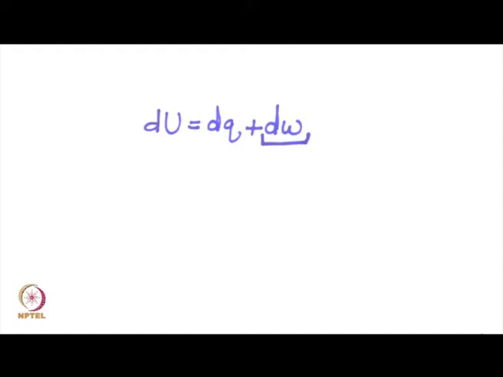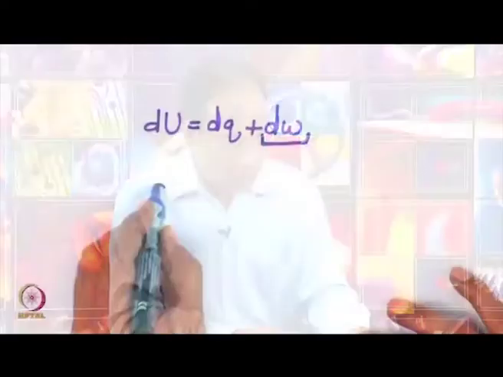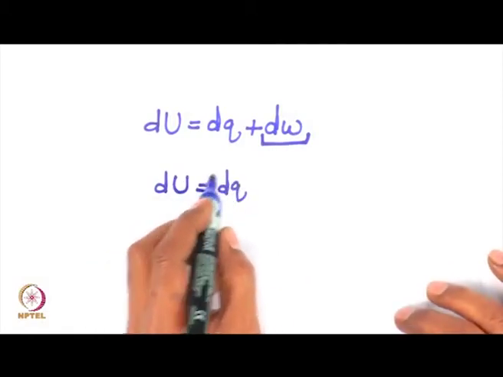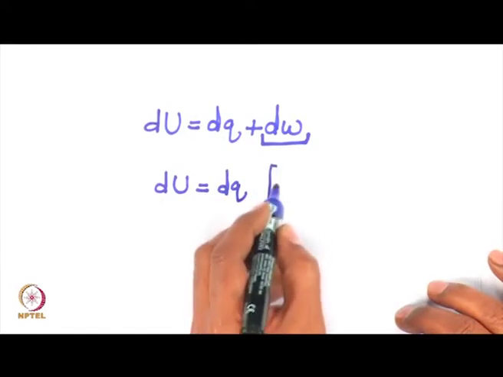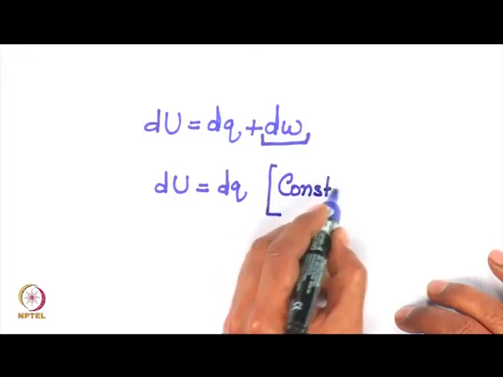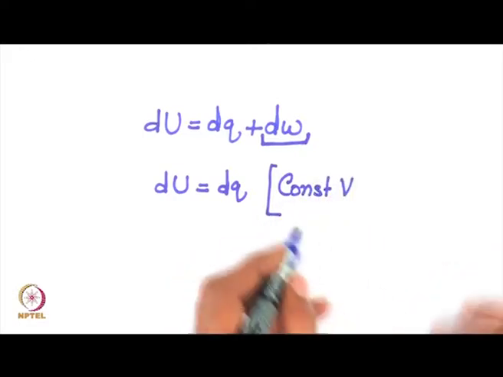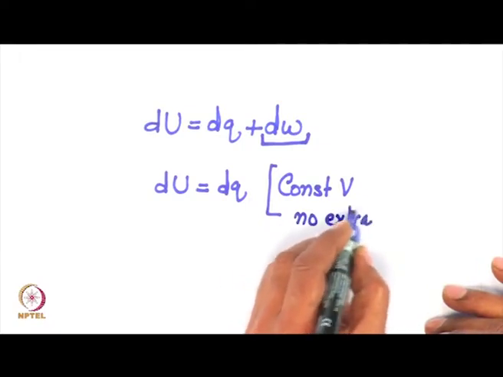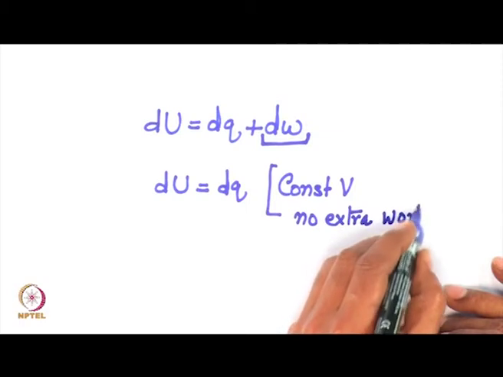Pressure volume work will be 0 when the volume is held constant, and if there is also no extra work, then dU will become equal to dq, and what are the constraints? The constraints are constant volume, and the other is no extra work.